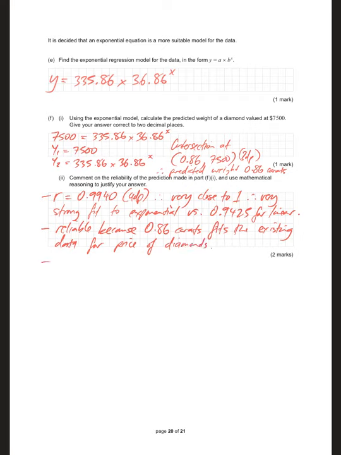So it's more matching than what we've seen before. Also reliable as this is an interpolation with R and R squared close to 1. There's a few reasons there for your 2 marks.